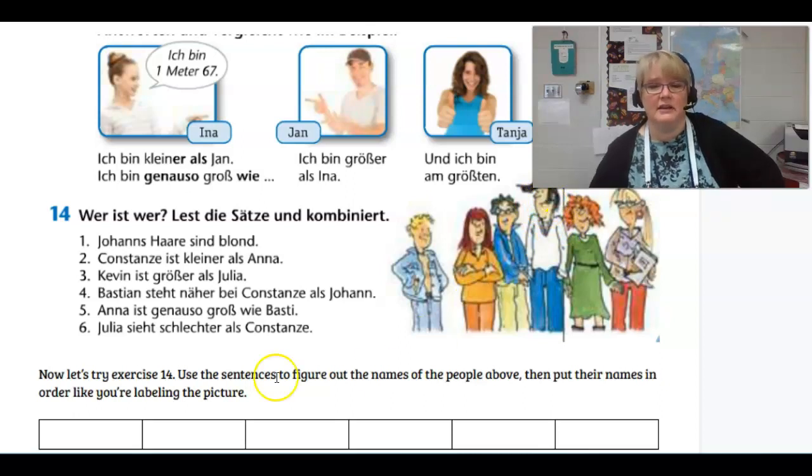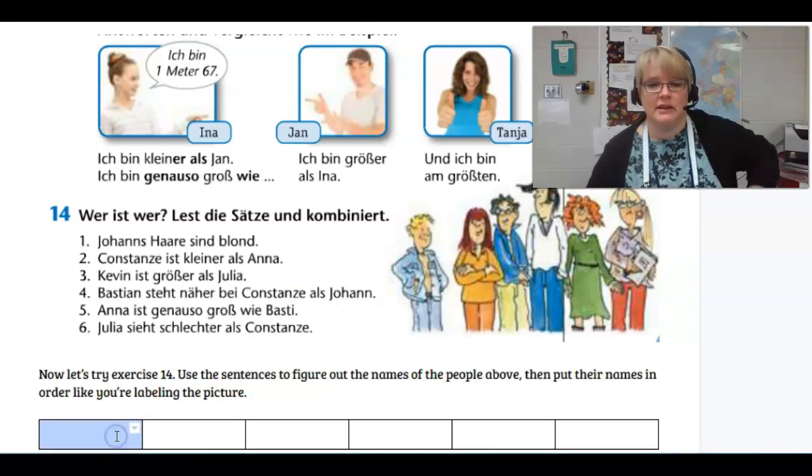Okay, Nummer 4. Bastian steht näher bei Constanze als Johann. Okay, Bastian stands closer to Constanze than Johann. Let's go with this here being Constanze.